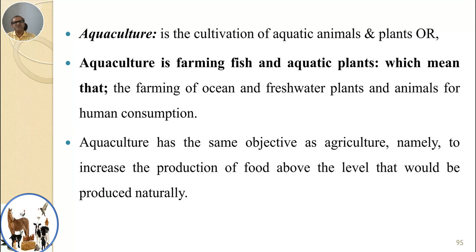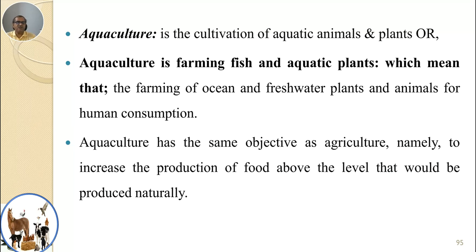So aquaculture is the cultivation of aquatic animals present in the water, or aquatic creature farming: fish and aquatic plants, which means farming in the ocean and also in rivers, for human food consumption.